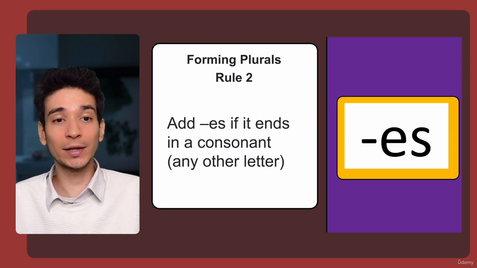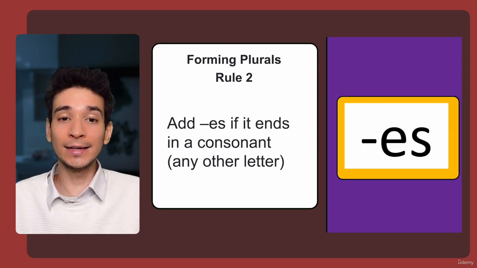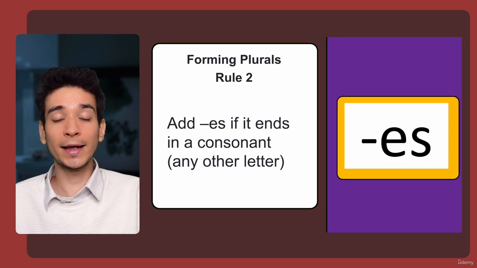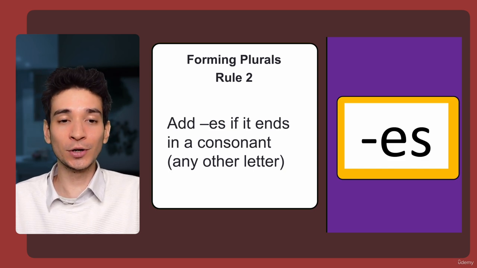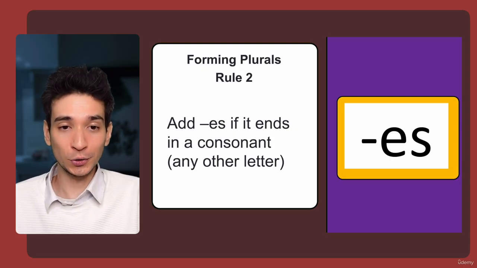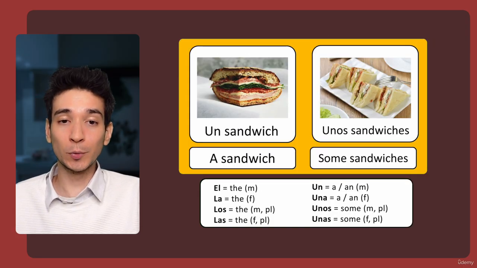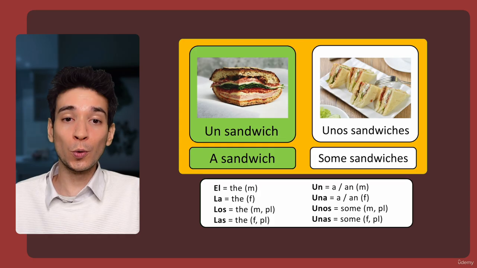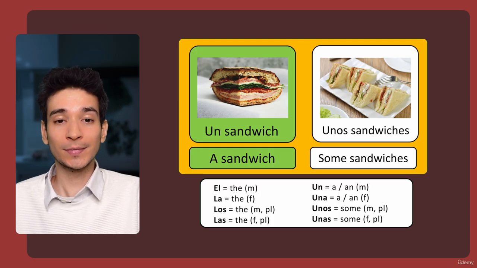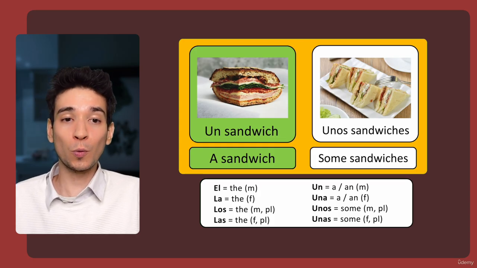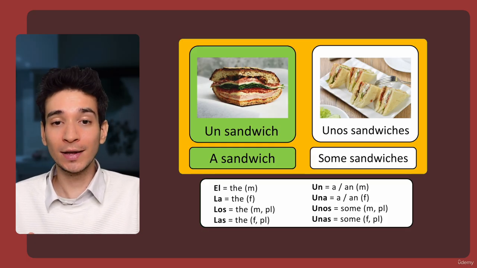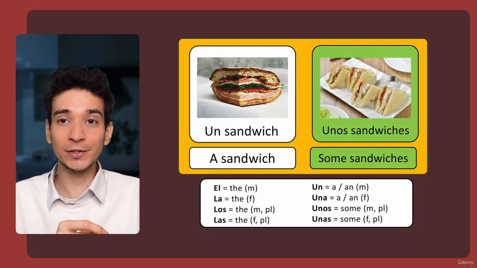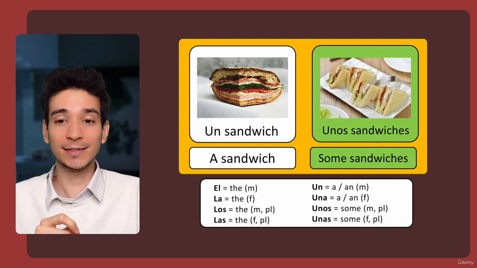And the second rule is that you can add es if the word ends in a consonant. Basically, any other letter that is not A, E, I, O, or U. And the example we have is un sándwich. A sandwich. And if you want to make it plural, we would say unos sándwiches.